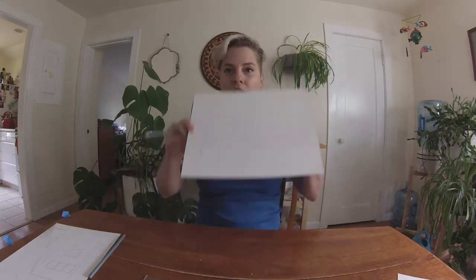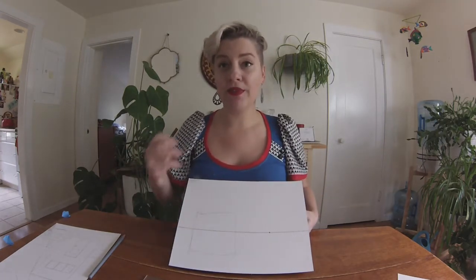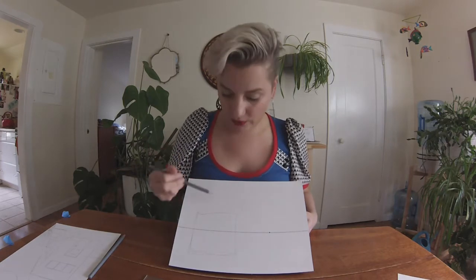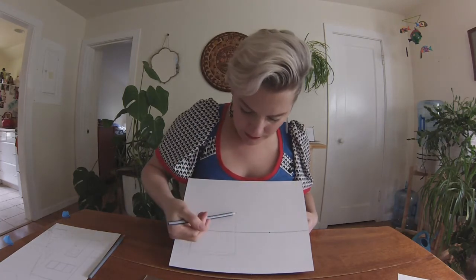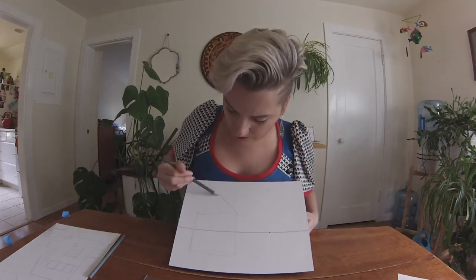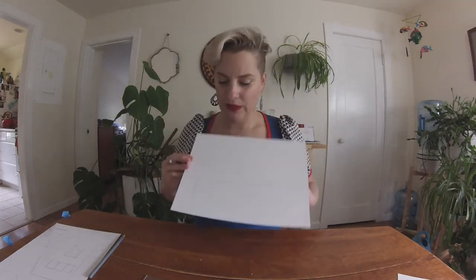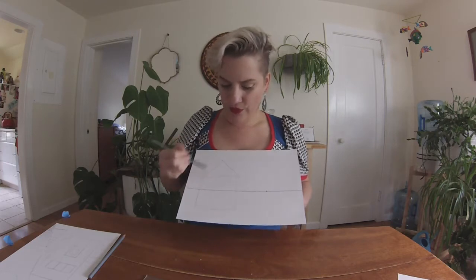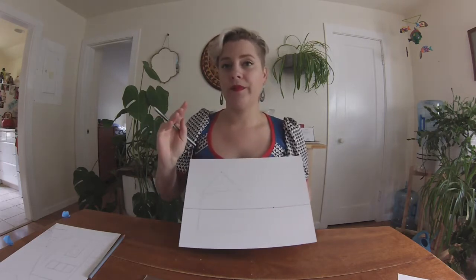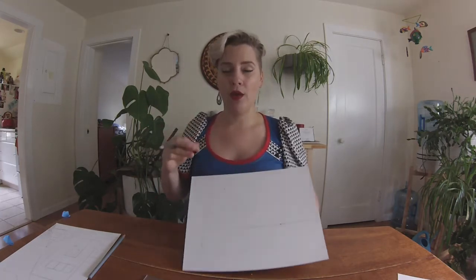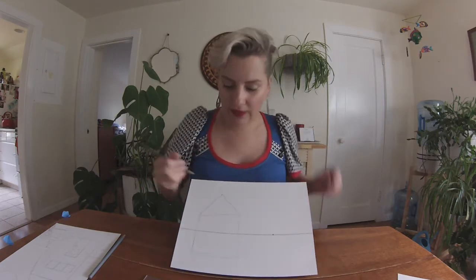And then, so here's my square, and on top of the square I'm going to put a triangle. And you just want the edges of the triangle to match up with the edges of the square. Now where all these corners are, I'm going to put a dot. And this is just to help me make my perspective lines.